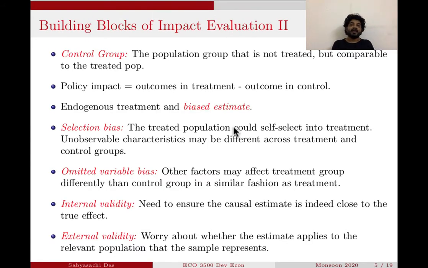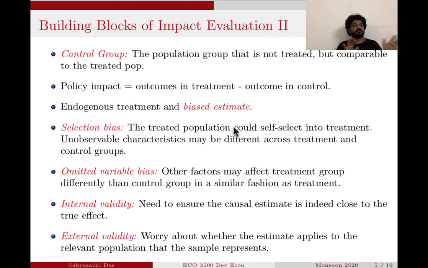In order to help form a good counterfactual, what you need is a population group which is similar to the group that is getting treated, but which is not getting the treatment. The group that is getting treated we refer to as the treatment group, and this other group we'll refer to as the control group.